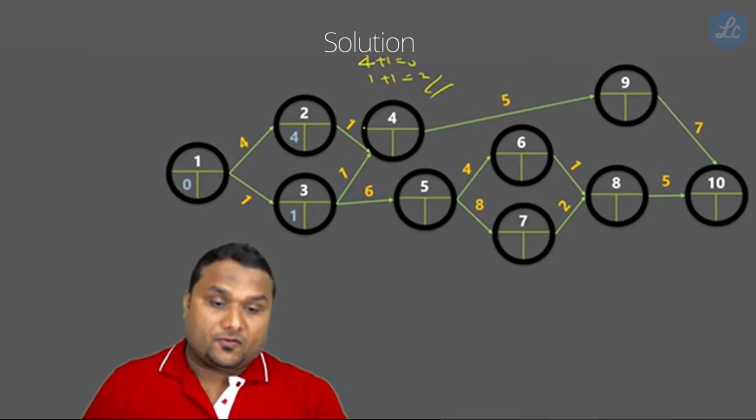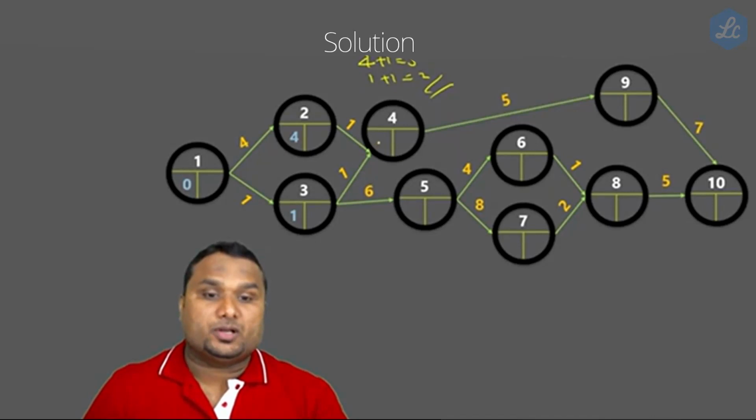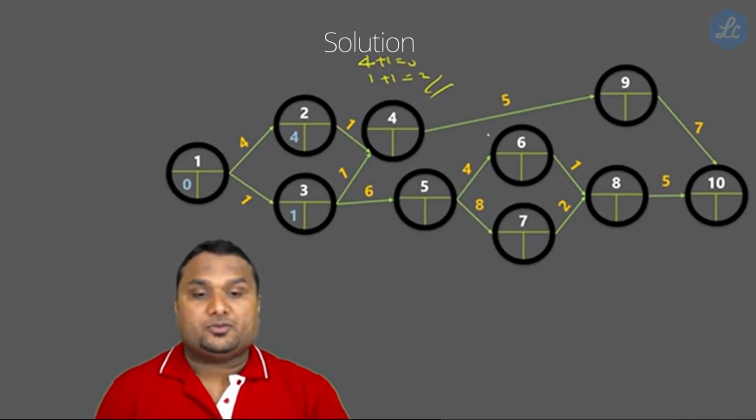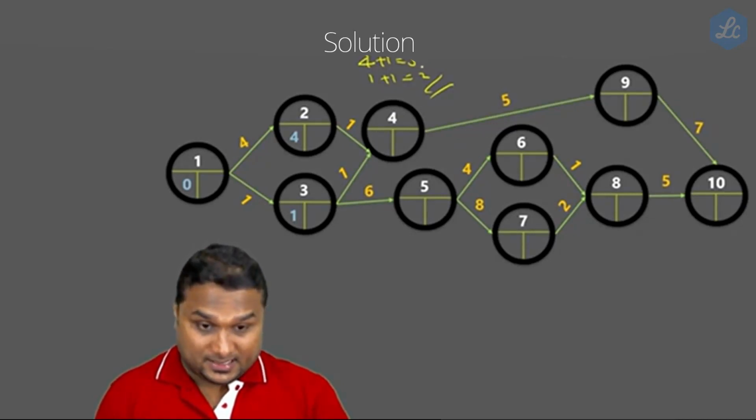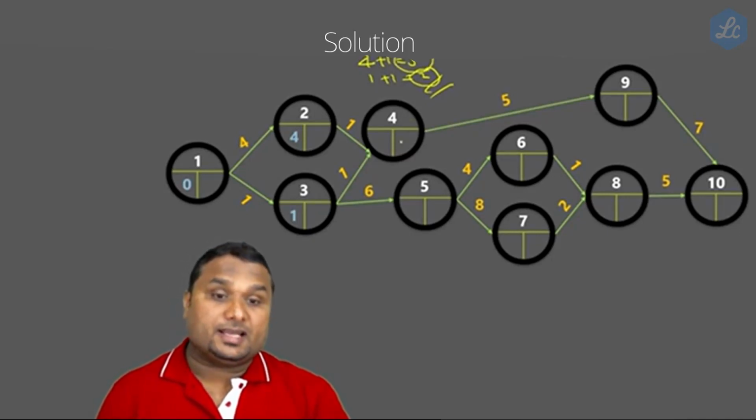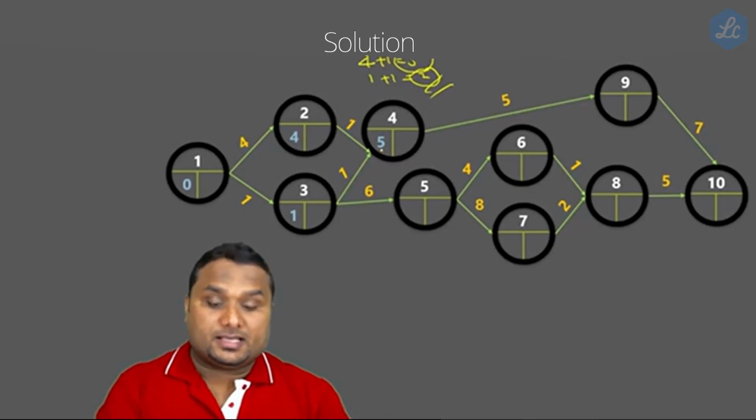It will take 5 days to finish this, but the other will be finished in 2 days, and we have to wait until both are completed. So if you are computing values to the right side, we will take the highest value. One value is 2, the other is 5, so we take the highest value, which is 5. So here it is 5.